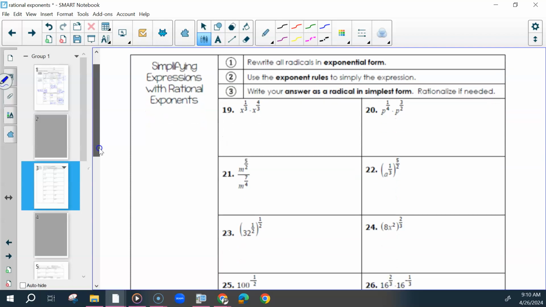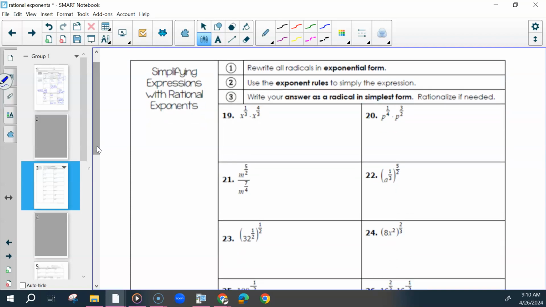So in number 19, it's already in exponential form. We are multiplying like bases. What are we doing with the exponents?